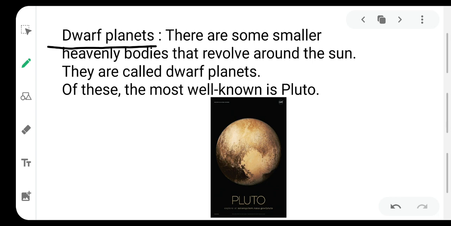Dwarf planets revolve independently around the sun, and they have an orbit of their own. In Hindi, Pluto is known as Bona Graha because it is very small.